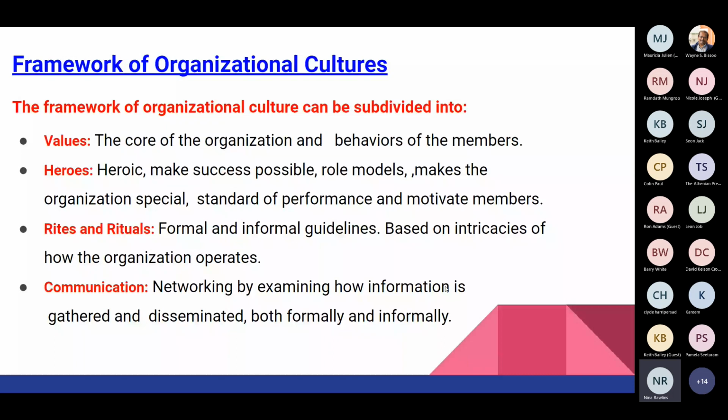Then we have the heroes, and they are the persons that make success possible. They are considered to be the role models and make the organization special. They have a standard of performance and how they motivate the members. And as individuals, even young, as we newly join our individual organization, in our span in the service we would have come across or worked closely with these persons who we consider to be heroes, right?